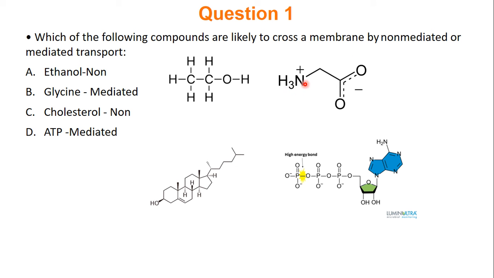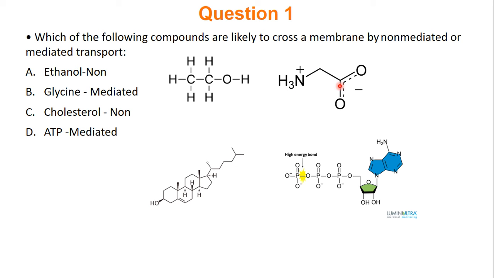And the reason is it's charged. Charged and polar are a big difference, because charges really do not want to be without someone next to them to balance out their charge.